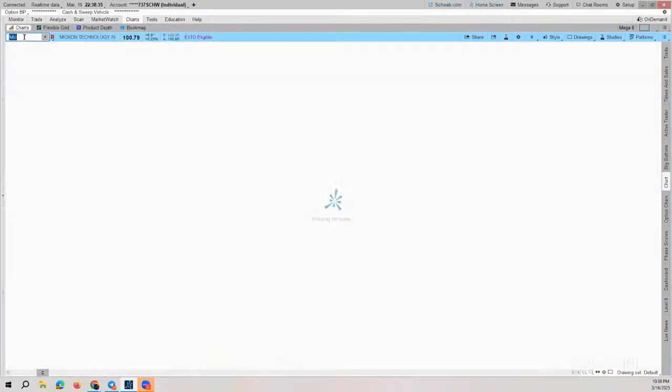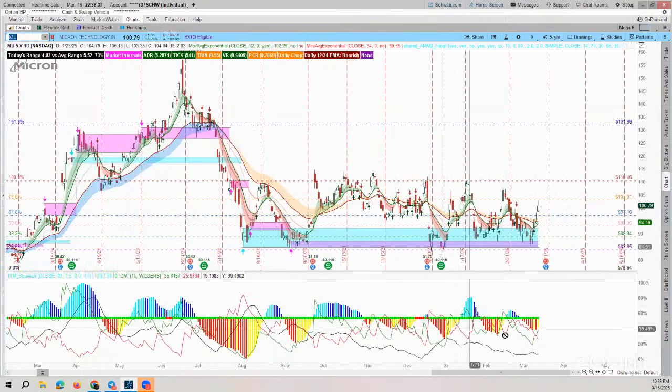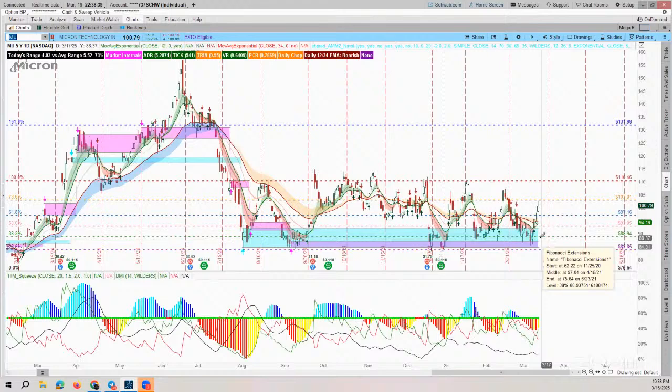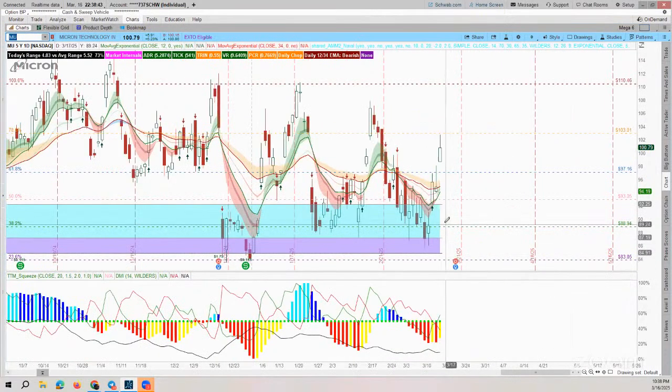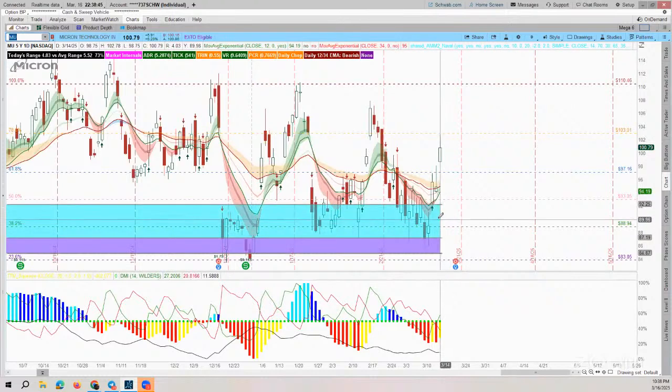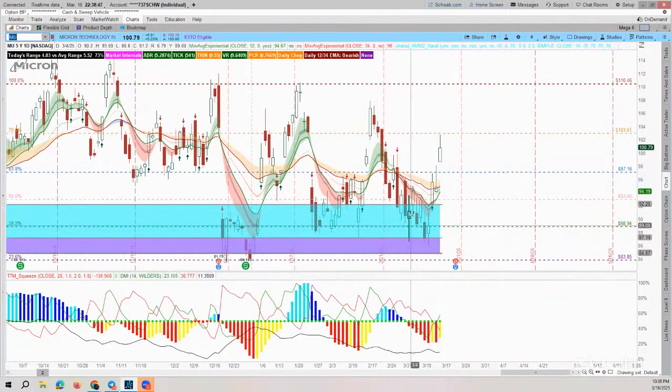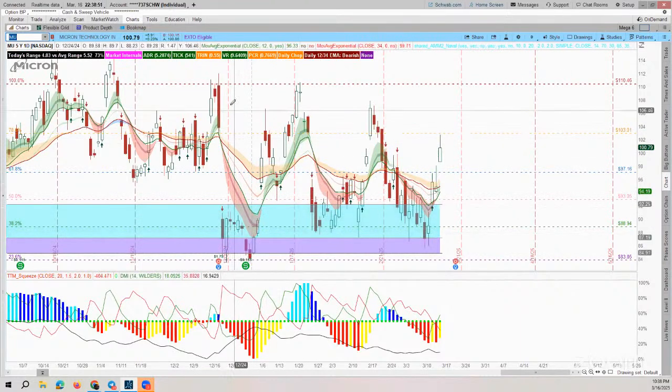If you want to try MU, around 88 is an excellent entry, and it has earnings this week. Earnings wise, you don't know whether it's going to be positive or negative. Last time it was a big failure. It went from 110 all the way to 82, 83, and then bounced.